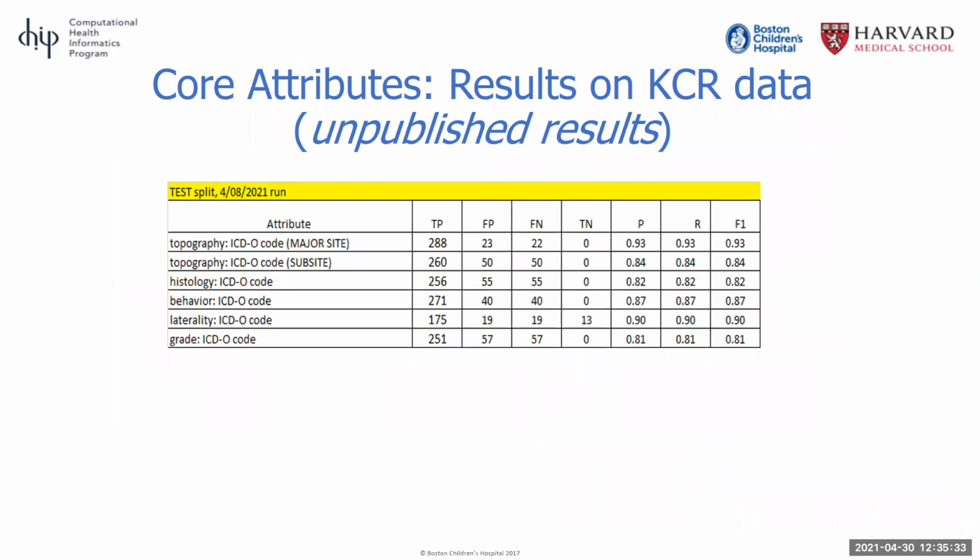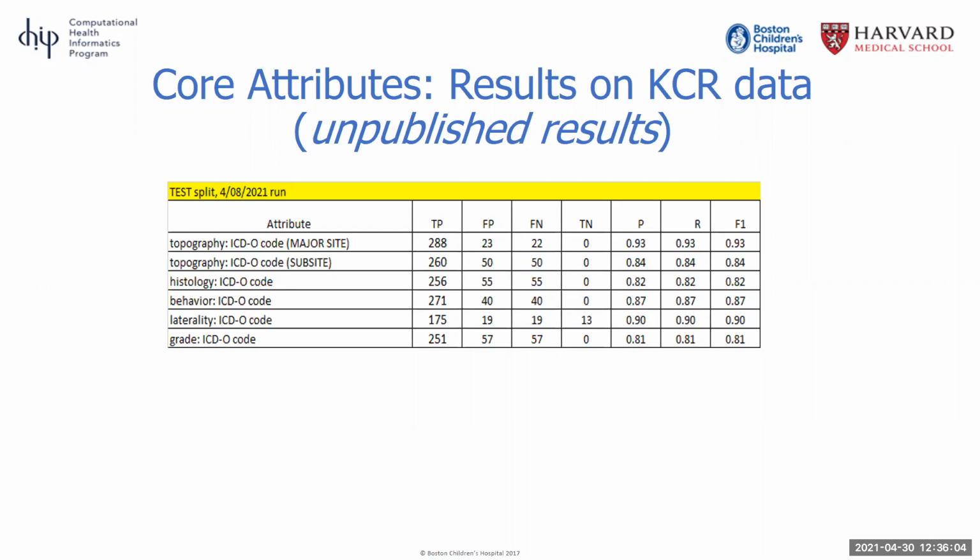I'm showing you now the results. These are results as of 3 weeks ago, and they're not published yet. So these are the results for topography for the major site, topography for the subsite, histology, behavior, laterality, and grade. These are the so-called reportable attributes. As you can see, the F1 scores are very good.